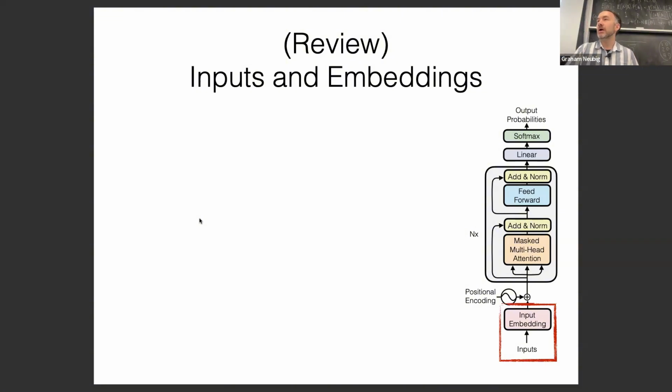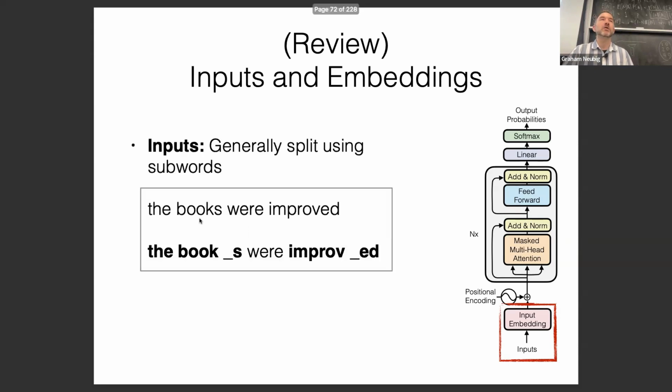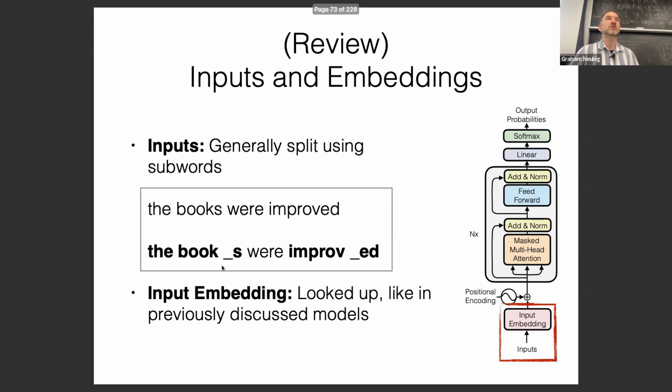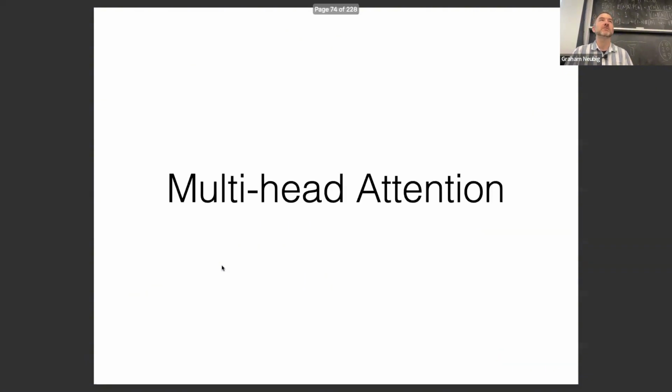The first part of the model is input embeddings, which we already know about. They're pretty simple. We generally split up the inputs using subwords, using something like SentencePiece or tokenization models. And we have an input embedding, and these are just looked up like in previously discussed models. So nothing special here.